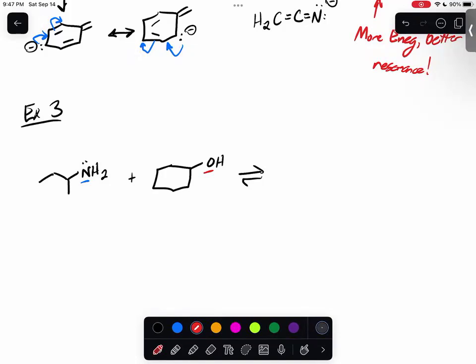And remembering from the previous video, electronegativity plays a big role in making things acidic or basic. And oxygen is more electronegative, and thus it has a more acidic proton.